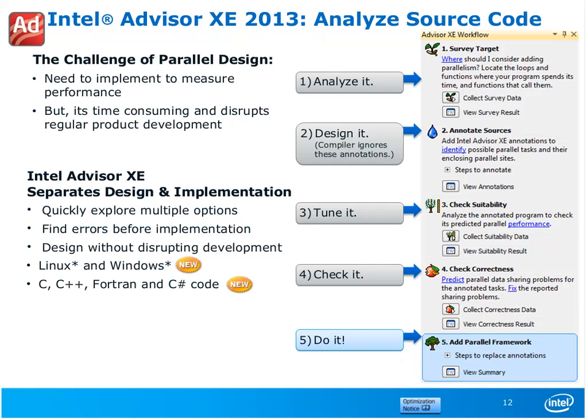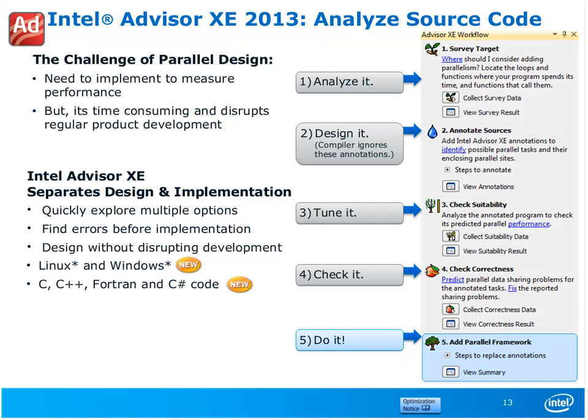So let's take a look at step 1. So step 1 is analyzing your code. If you're completely new to this, right, I would recommend starting with a product called Advisor, which is included in Parallel Studio XE. Advisor, I describe this as a bit like having an Intel engineer looking over your shoulder, someone who's an expert in adding parallelism.